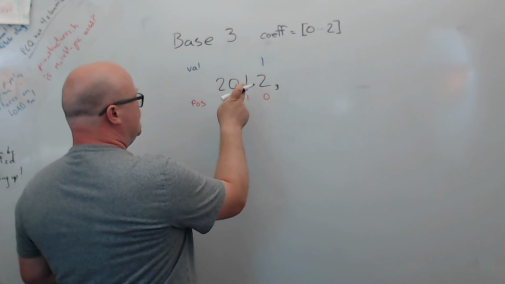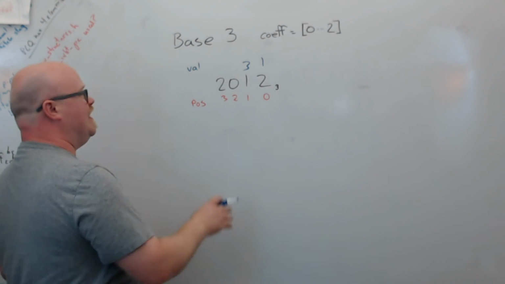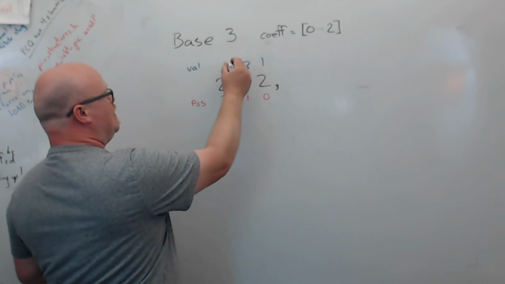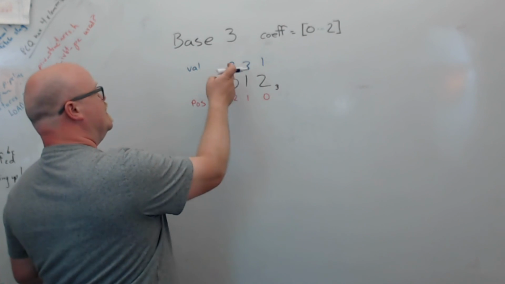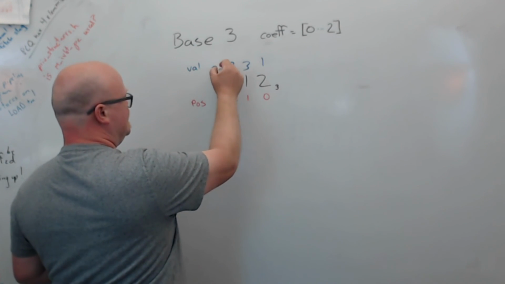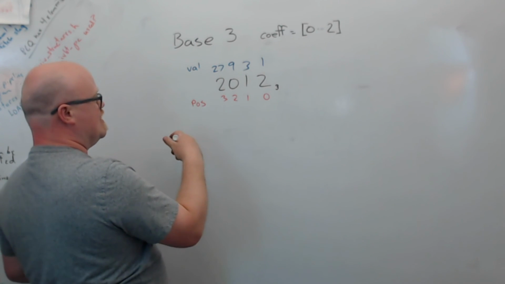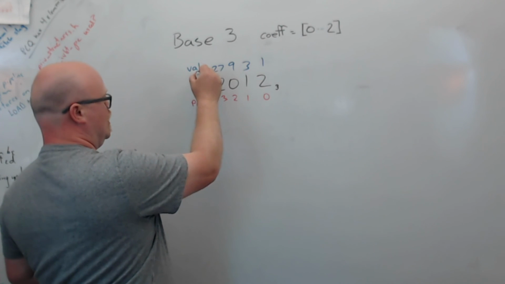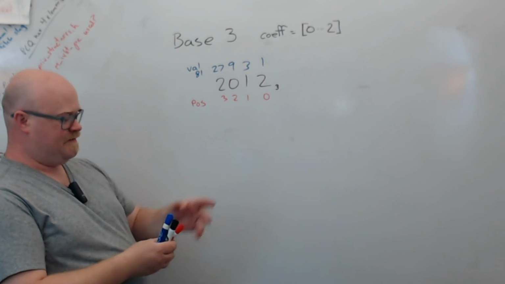So 3 to the first power then is 3. Woo! Mental math killing me here. 3 to the second power is going to be 9, which is the same thing as 3 times 3. The next position would be 27, and if we had another position, 27 times 3, that would be worth 81. Right? Okay, so we have this value here.